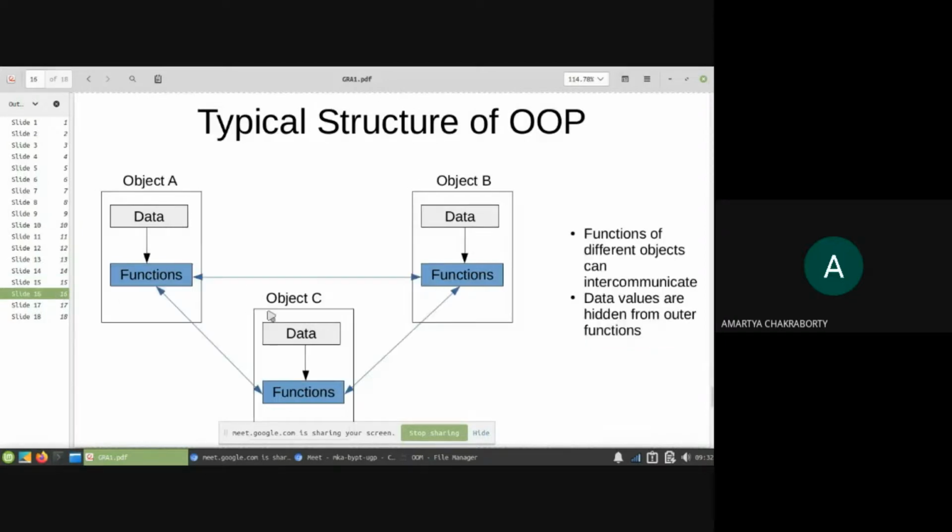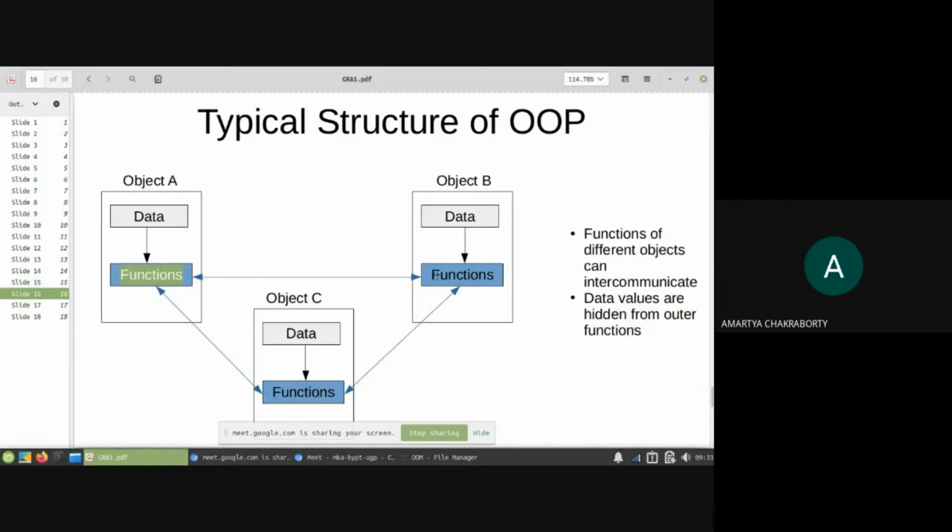Next, now we have another important thing to note: the functions of different objects can intercommunicate, whereas the data values are hidden from outer functions. So object A's function can intercommunicate with object B's function, which in turn can intercommunicate with object C's function.